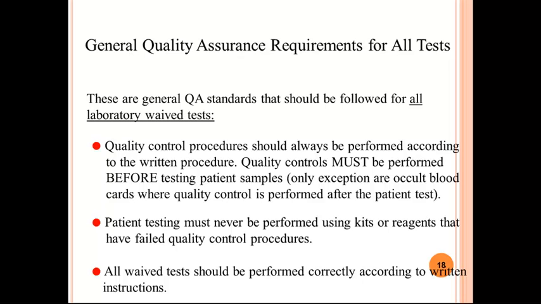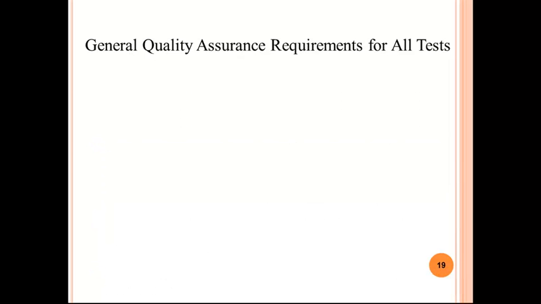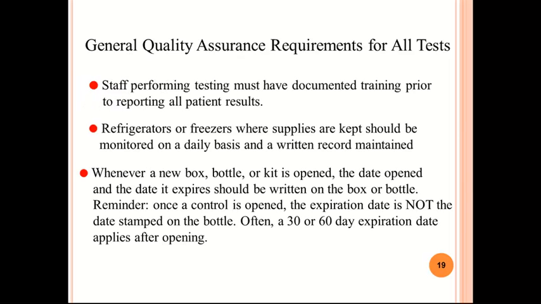All waived testing should be performed correctly according to written instructions. Staff performing testing must have documented training prior to reporting patient results. Refrigerators and freezers where supplies are kept should be monitored on a daily basis and have written records maintained.